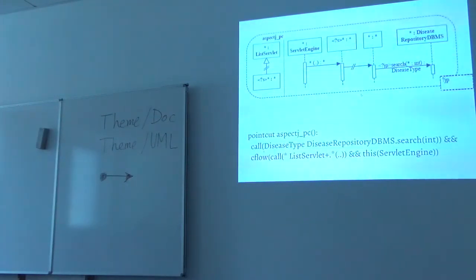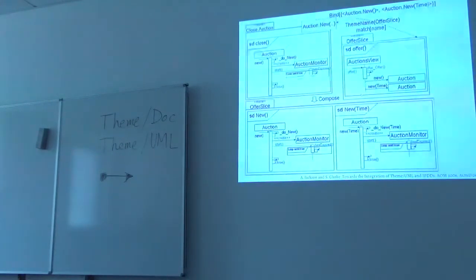And as point cuts, as you know, are the most complex thing in aspect-oriented programming, maybe you don't need anything else. You need your object-oriented things, and then you need those point cuts. So that's the idea. It can be combined somehow with Theme, but it really doesn't matter now.